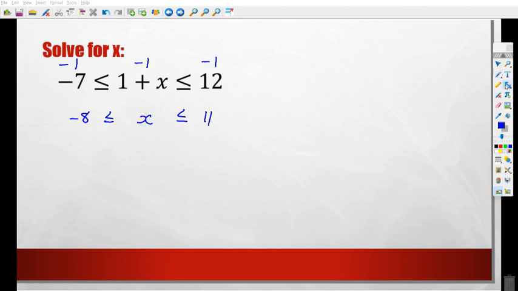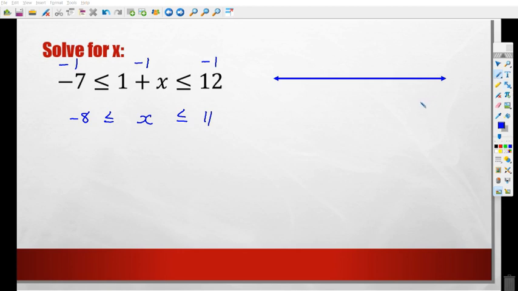Whenever I solve an inequality, I always represent it on the number line. So let's just draw the number line. But now I've got 2 values. How the heck, sir, am I supposed to represent this on a number line? Let's see how we do this.